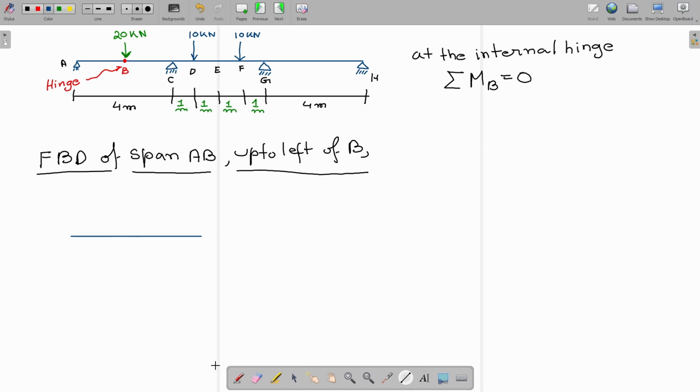This is the span AB. This is A. This is B. At B there is an internal hinge.